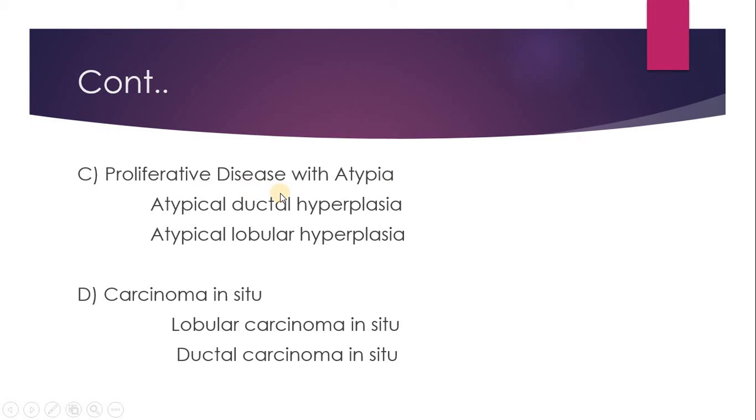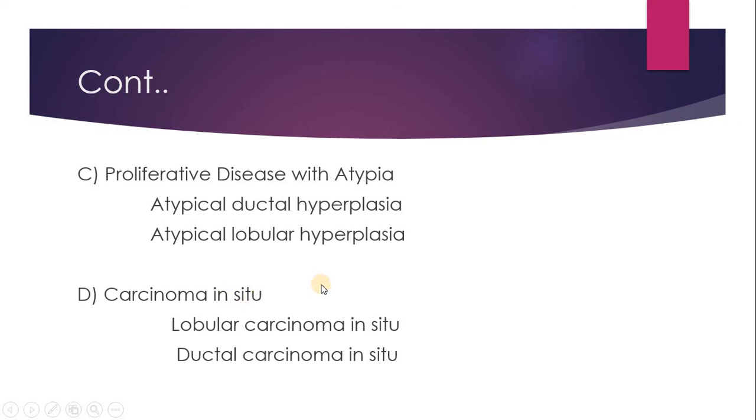When proliferative disease has atypia, it may be ductal or lobular: atypical ductal hyperplasia and atypical lobular hyperplasia. So both doctors and patients become more conscious, and regular follow-up has to be maintained.